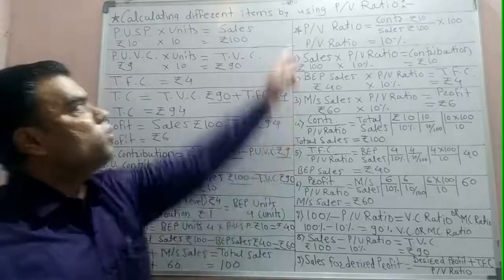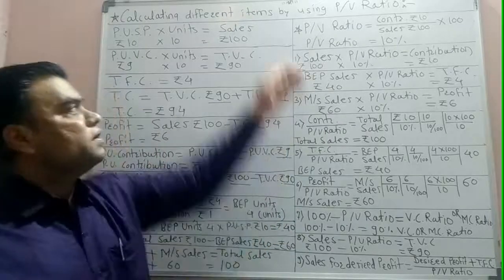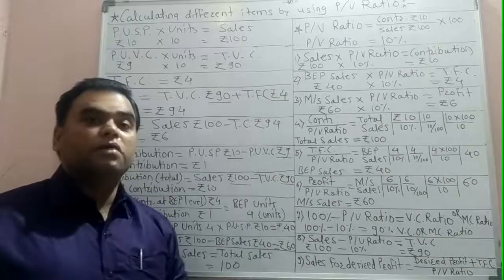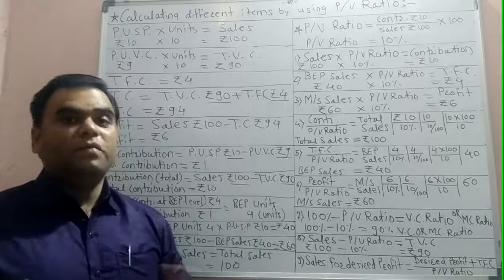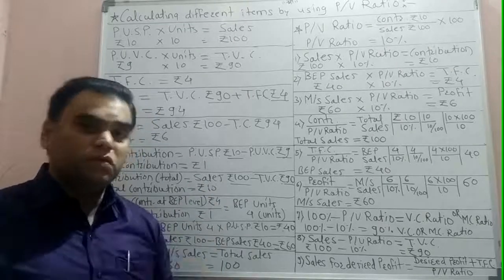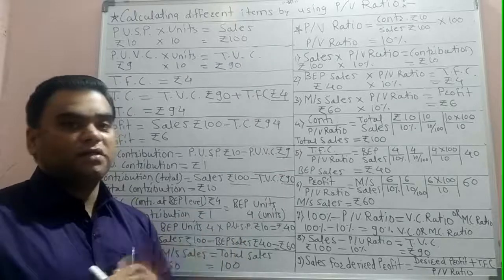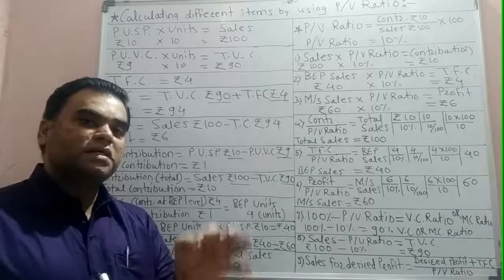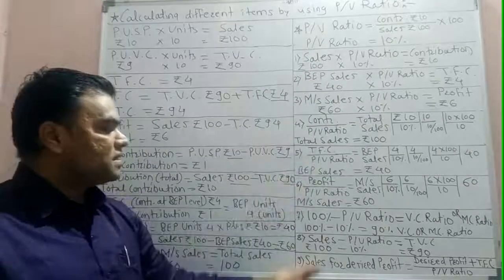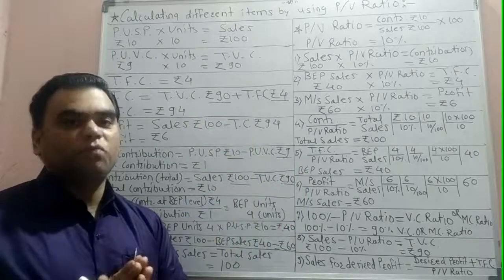If you know only one PV ratio, then you can calculate near about 90%, or 9 items in total, easily. Means while solving a problem of the marginal costing technique, if you are confused how to solve it, then first calculate the PV ratio and remember these 9 formulas. Then you can easily solve that problem.